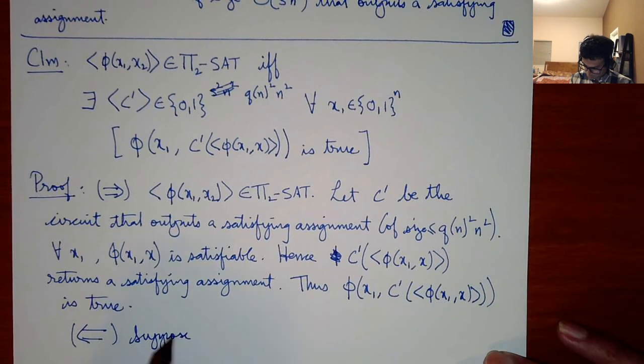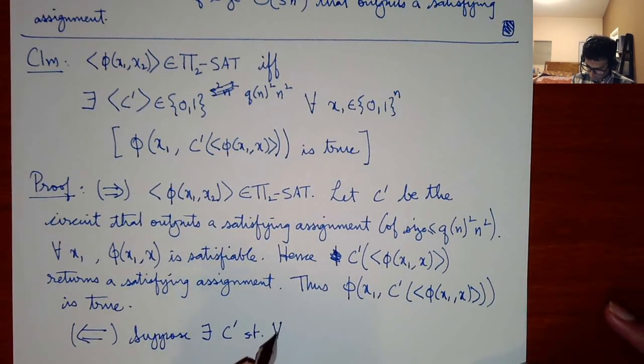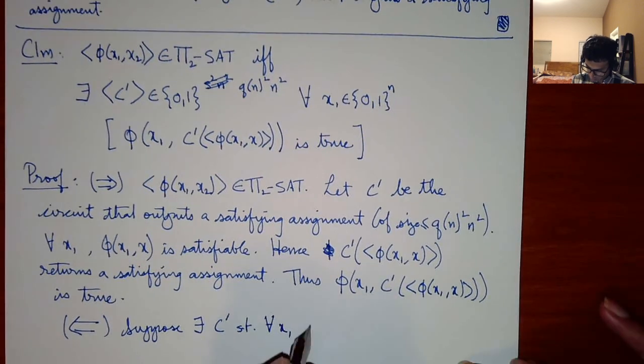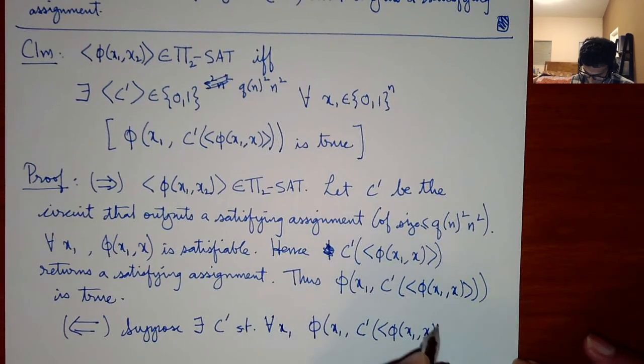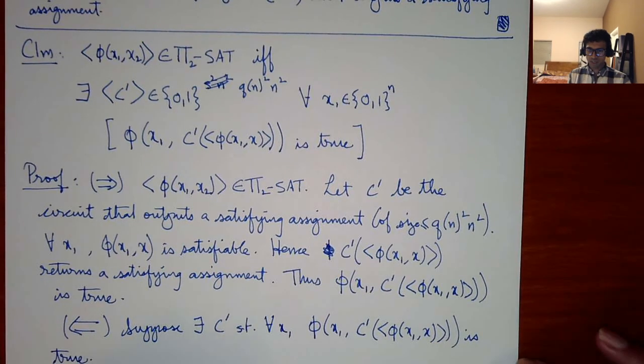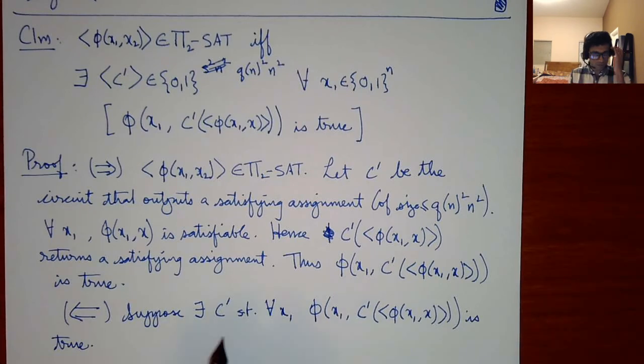Suppose there exists a C prime such that for all x1, phi of x1, C prime on phi of x1, x is true. Now, interestingly, it doesn't even matter what C prime is. Maybe it's a circuit that solves SAT, maybe it's a circuit that doesn't solve SAT.